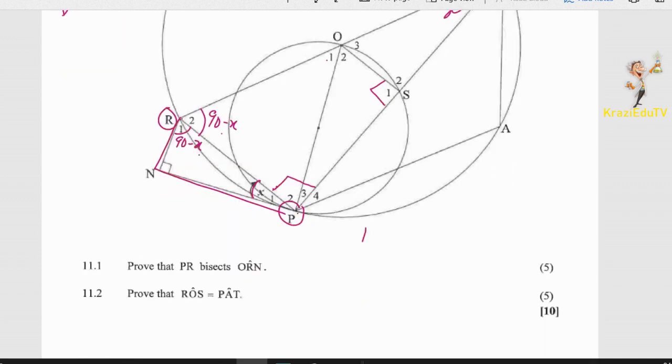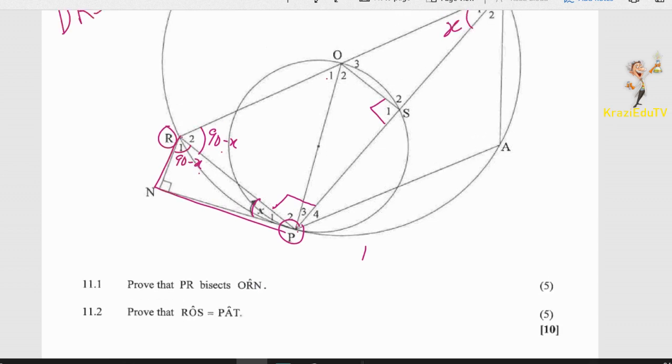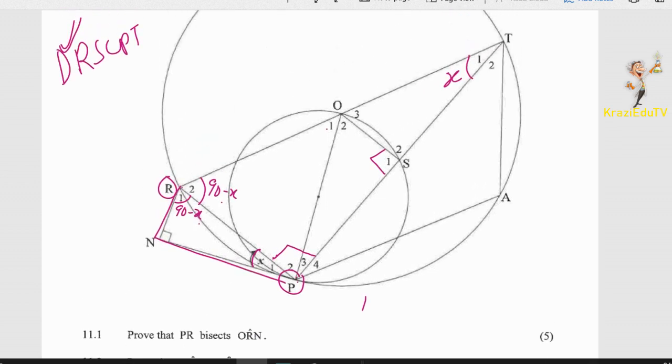Alright. Prove that ROS is equal to PAT. Okay, let's go check something. If we are looking at a cyclic quadrilateral, we're just going to walk through again.